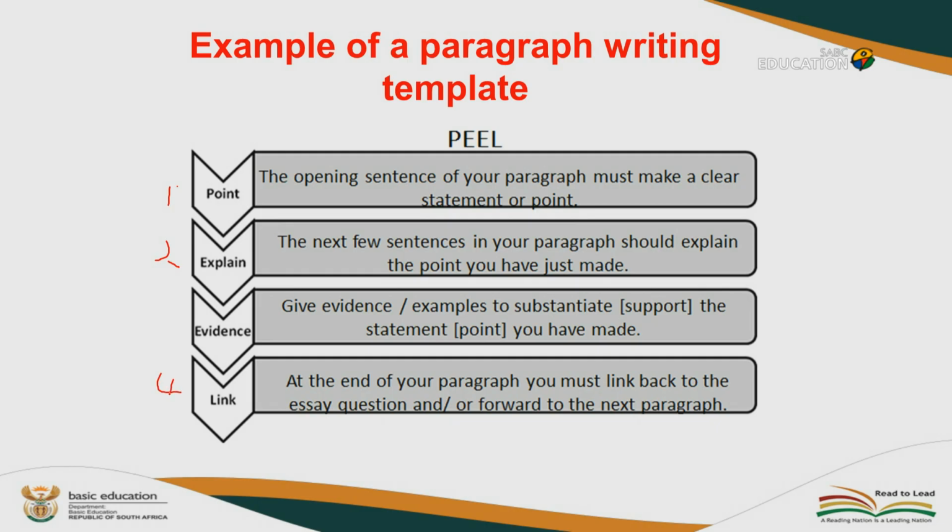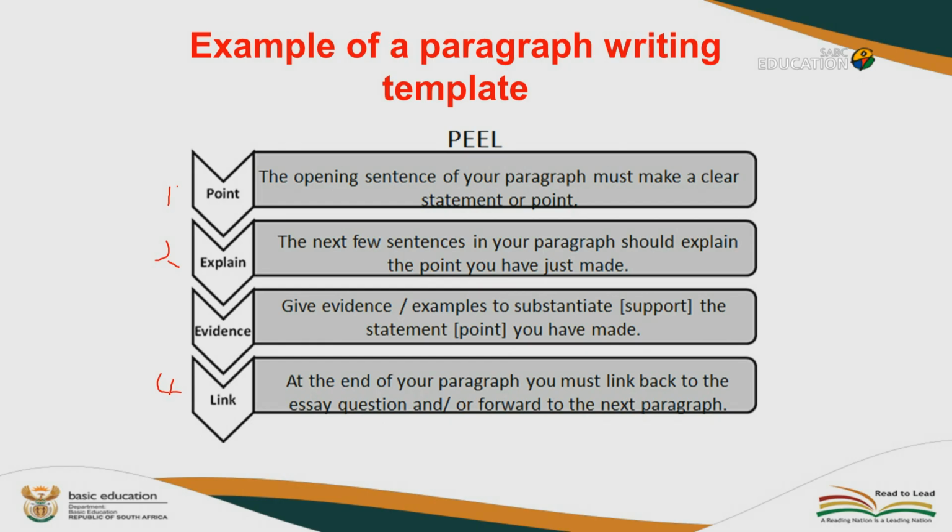At the end of your paragraph, you must always link back to the essay question. Remember, the question talked about the fall of apartheid by international response. Now, if I made a point, I must always go back to my question when I wrap up my paragraph. Now, what does this PEEL system tell us?